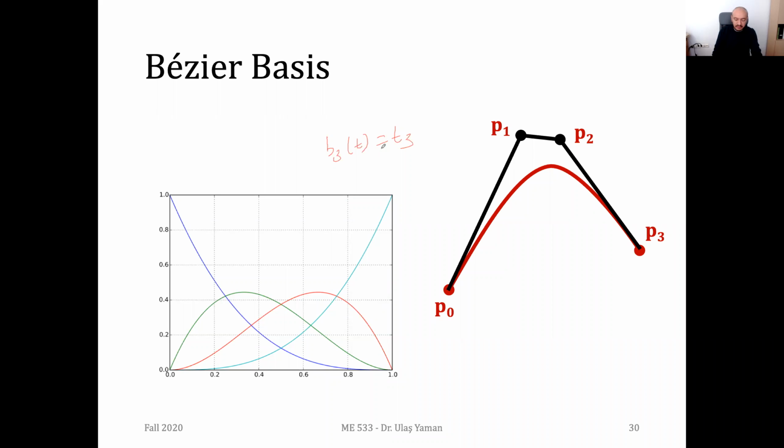I'm sorry, this is obviously not t3, it should be t cubed. And this one is the last basis function. By using these basis functions, you can represent the cubic spline in Bezier form.